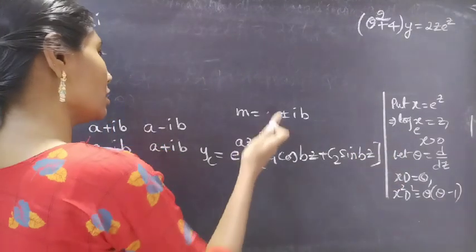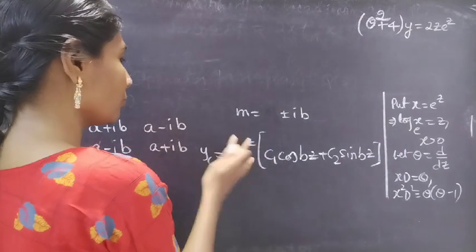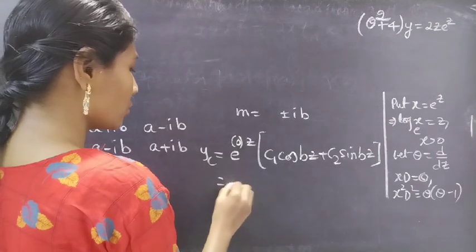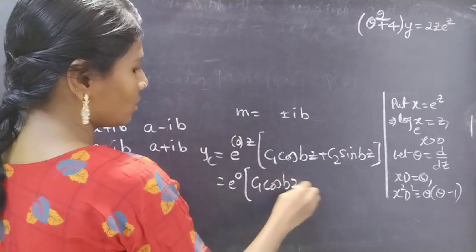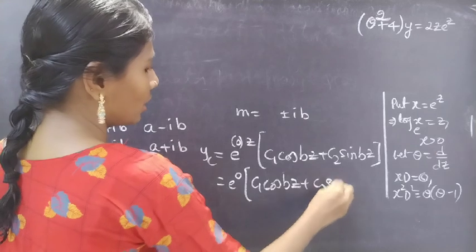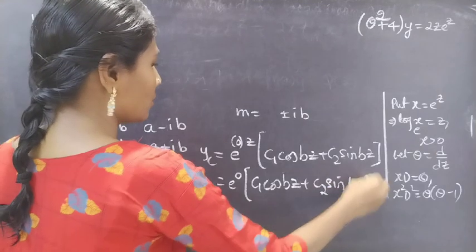In case of a = 0, we'll get e^(0·z), which is e^0 into (C1 cos bz plus C2 sin bz).